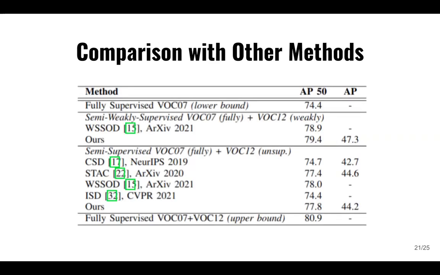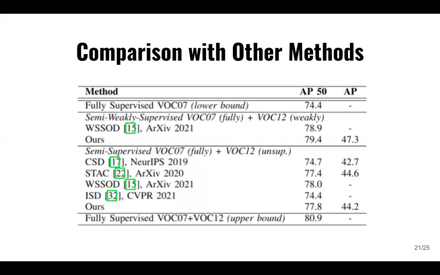And here we did a comparison with other methods. So this is the standard table where we put the metrics and compare with the relevant methods. A lot of them are semi-supervised also. For our semi-supervised case, we trained a classifier using the available labeled data, and the prediction of that classifier is used as the weak label for our semi-weakly supervised case, and that's how we got the semi-weakly supervised and semi-supervised results in our settings.